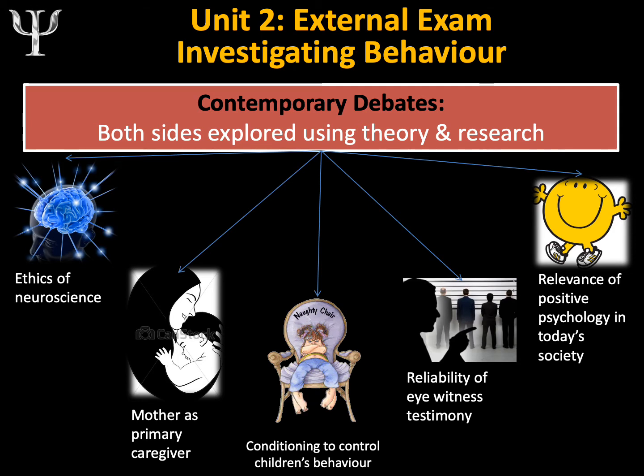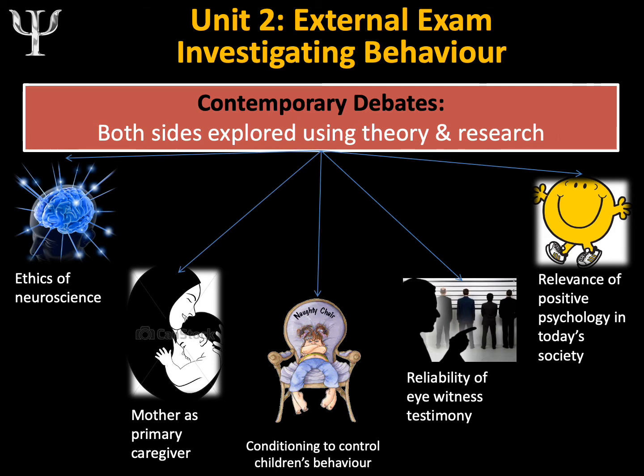And that debate is the reliability of eyewitness testimony. And in this particular scenario, we look at what psychologists have told us about one of our main cognitive processes, and that's our memory. And we look at how our memory can sometimes be our downfall.